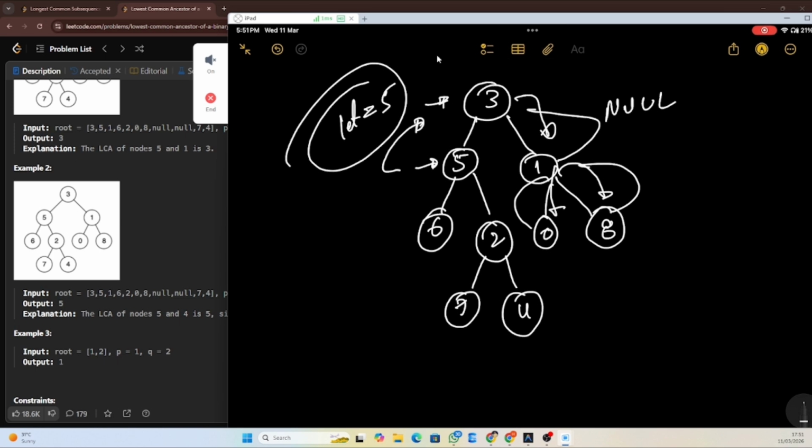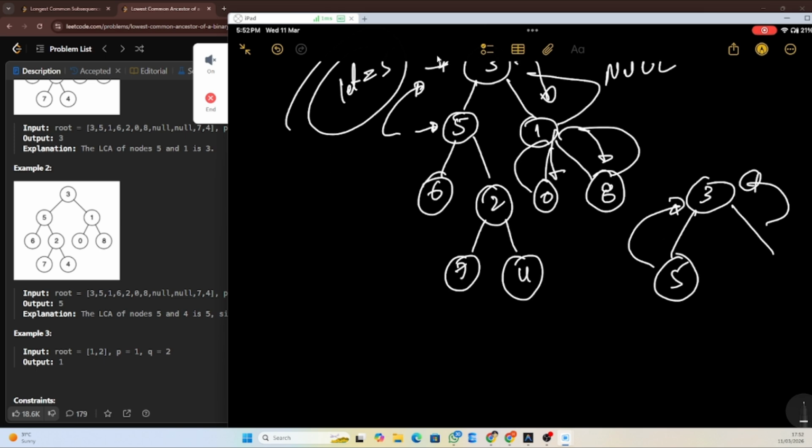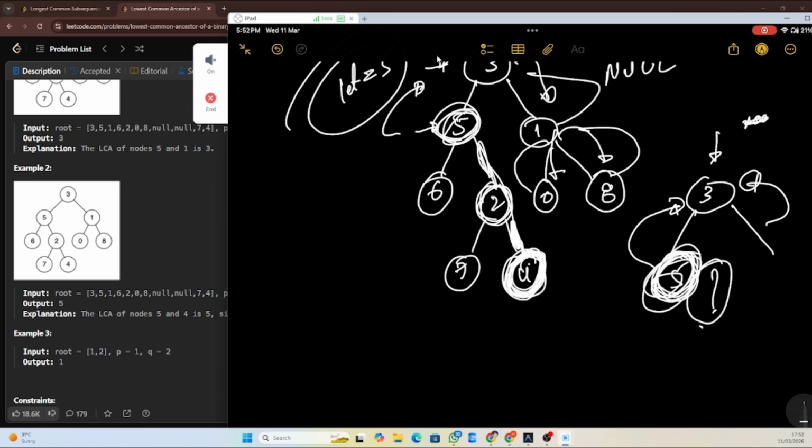What does it indicate? For root 3 you got only 5 and null. It indicates that 5 is the lowest common ancestor, because there must exist a 4 in this direction, which when traversing upward definitely meets 5. So the lowest common ancestor is this value which you returned.